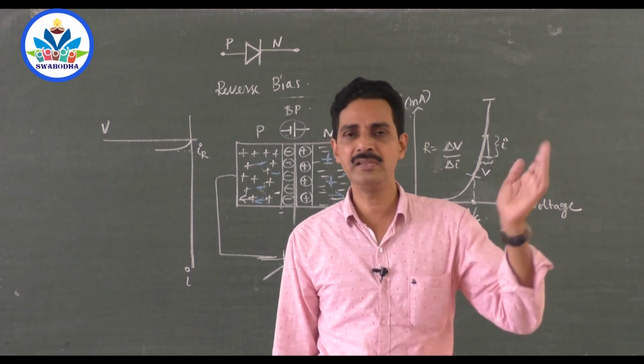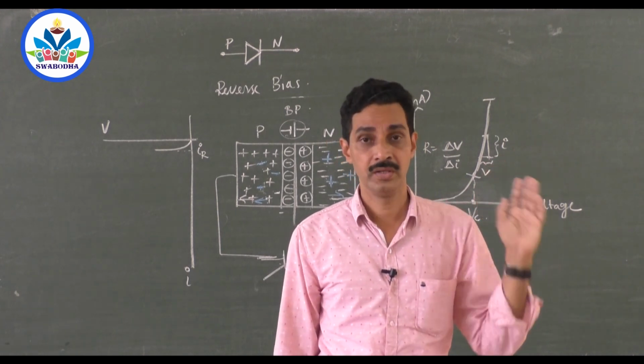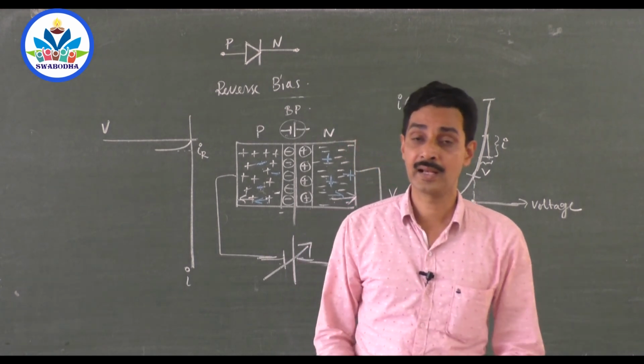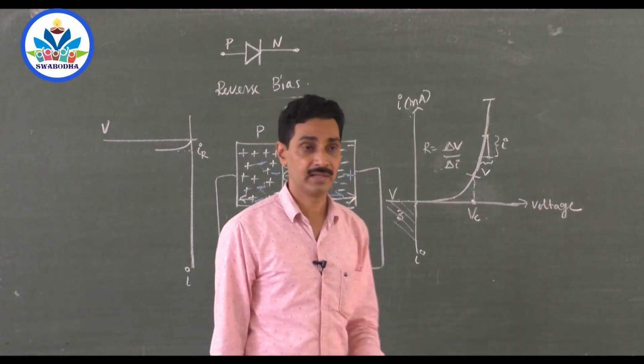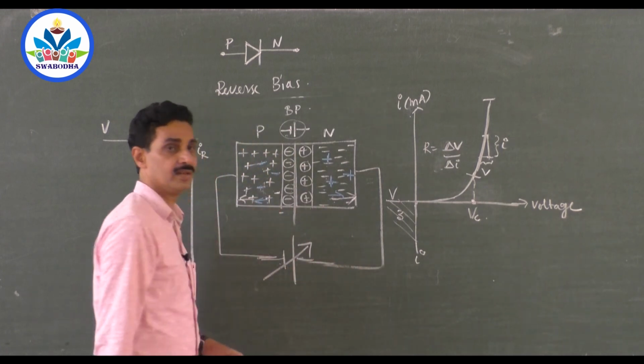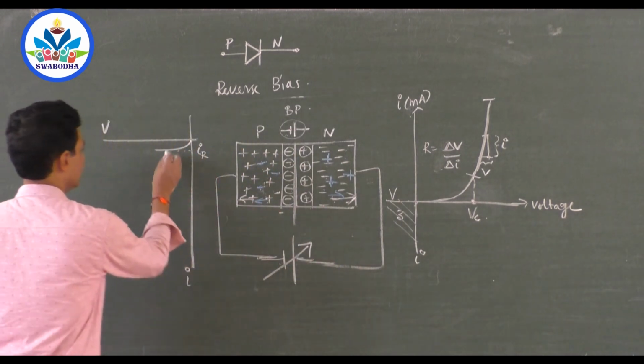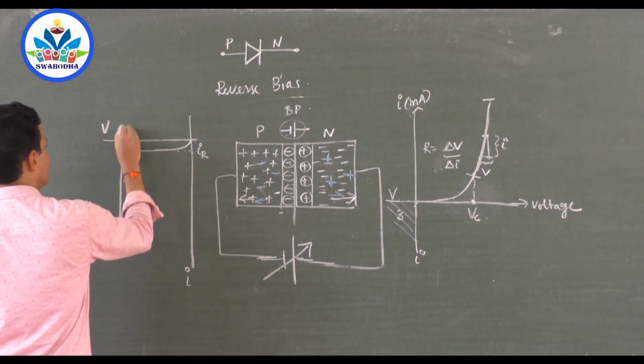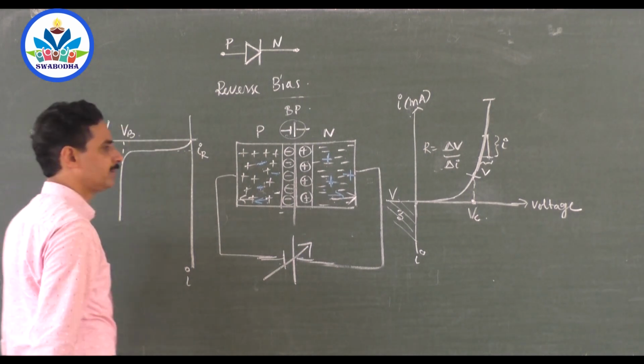You will get plenty of free electrons and holes, because when the atom breaks, many, many free electrons and holes are created, and they cross the junction and produce a very large current. So suddenly at high voltage you get a current, and this is called breakdown voltage. So what do you mean by breakdown voltage?